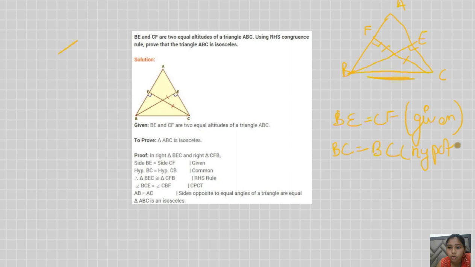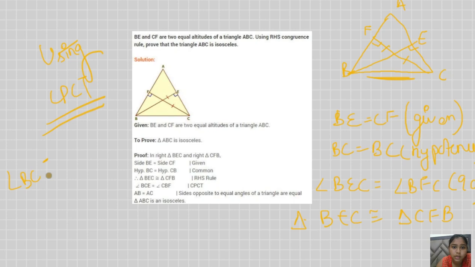Okay, now angle BEC is equal to angle BFC, both 90°. So by the RHS congruency rule, triangle BEC is congruent to triangle CFB. Now using CPCT, we can say that angle BCE is equal to angle FBC, right?